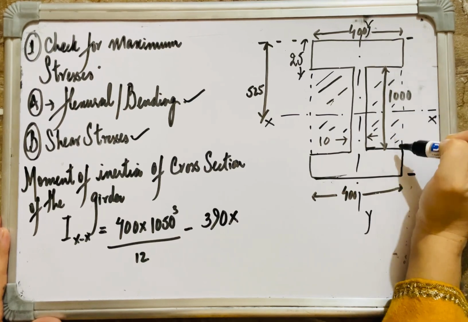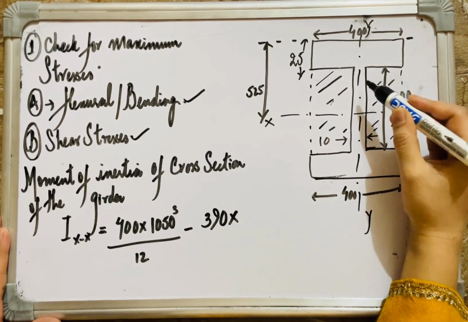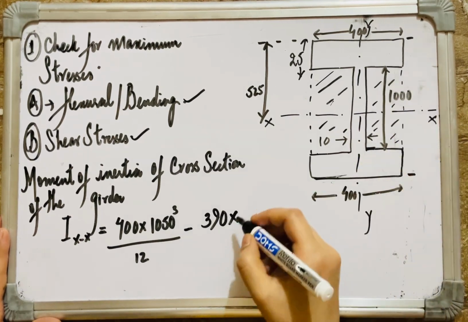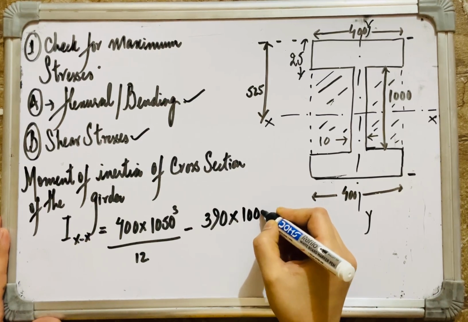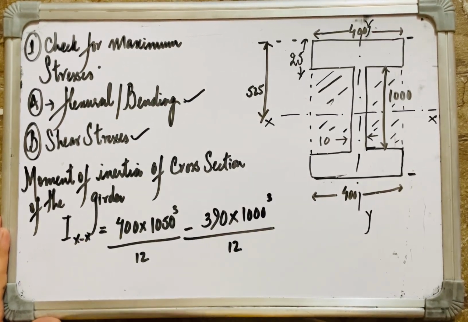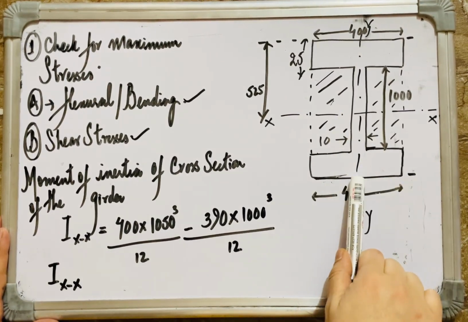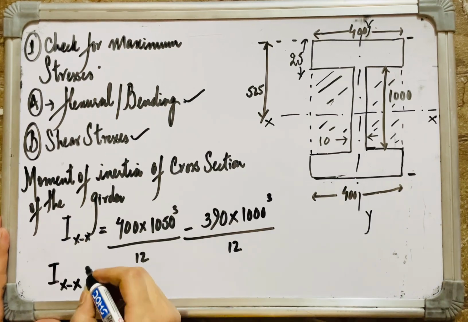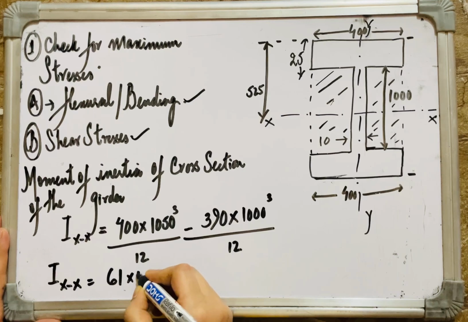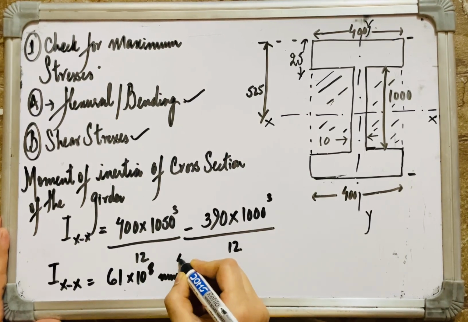H is 1000 for our hatched portion of this rectangle, excluding the web plate. This is 1000 cube by 12. All right, by calculations, moment of inertia of this I section about the x-axis is how much? It is 61 into 10 raised power 8 mm raised power 4.